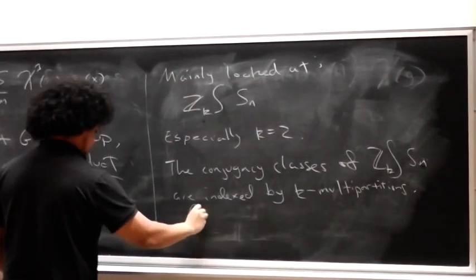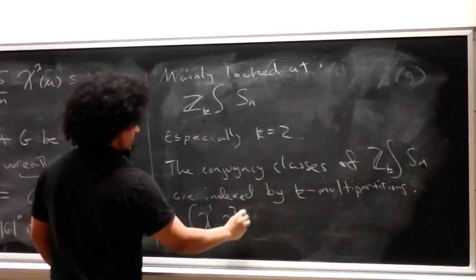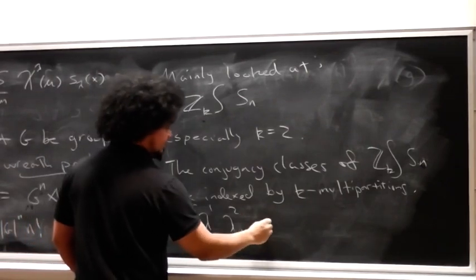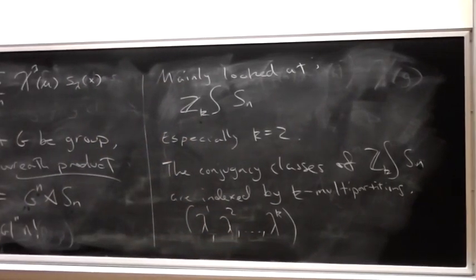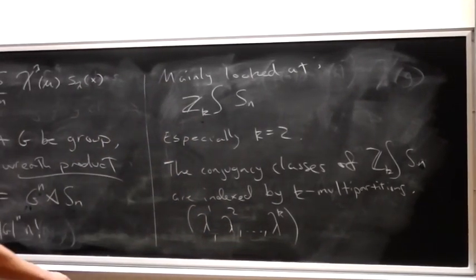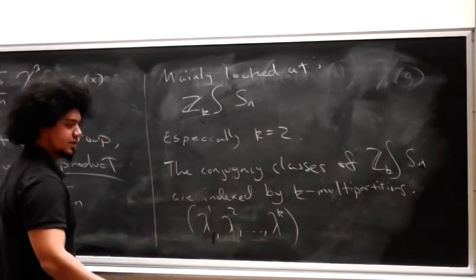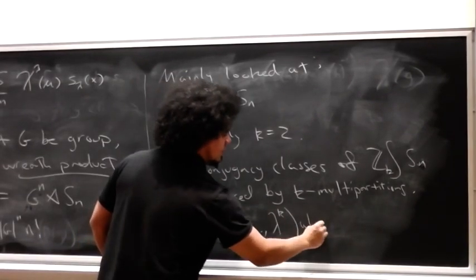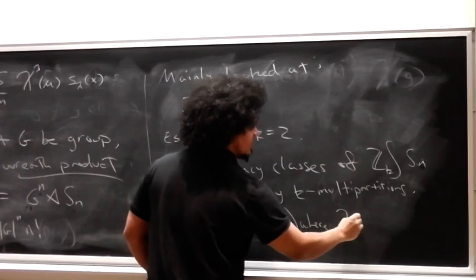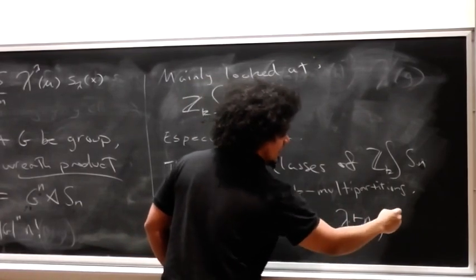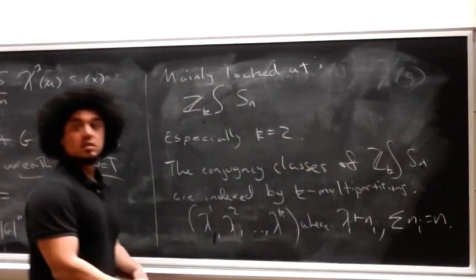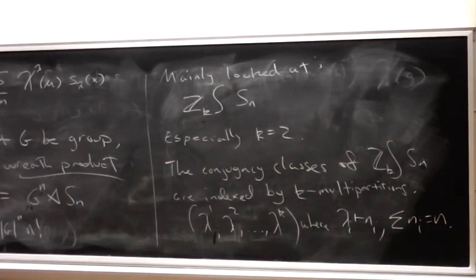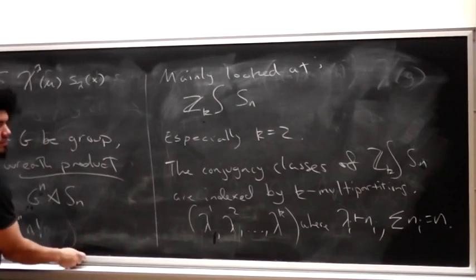So these are k-tuples, lambda^1, lambda^2, and so on, where lambda^i is a partition of n_i, and the sum of the n_i is equal to n. So if you drew all of their boxes, there would be n of them.